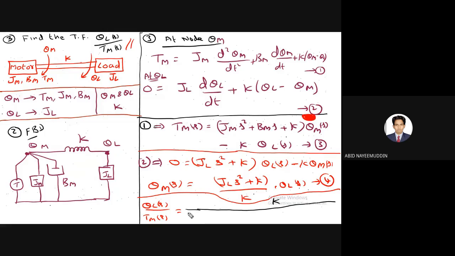This is equal to Jm Jl s power 4 plus Jl Bm s power 3 plus Jl K s square plus Jm K s square plus Bm K s.